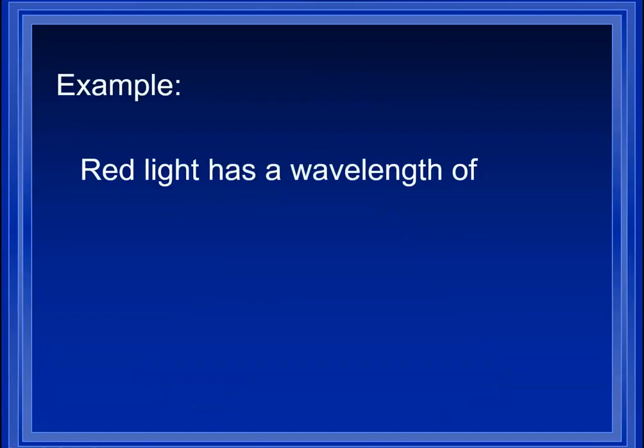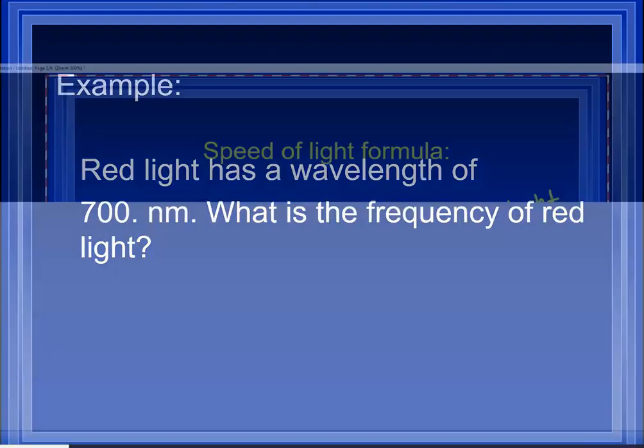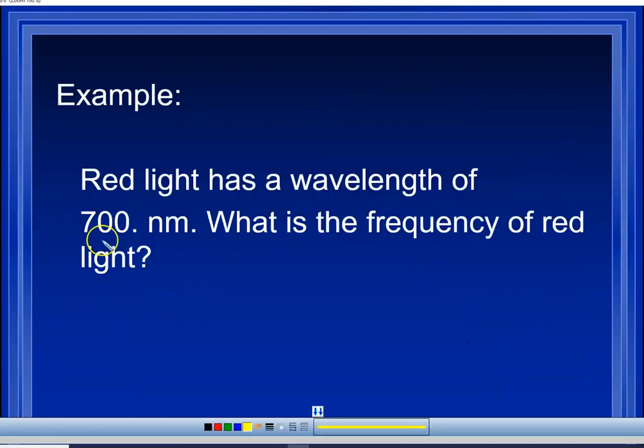Okay, so let's do that one. Okay, so it's wanting frequency. So frequency, I would like you always write your formula, is the speed of light divided by the wavelength. The wavelength needs to be in meters.